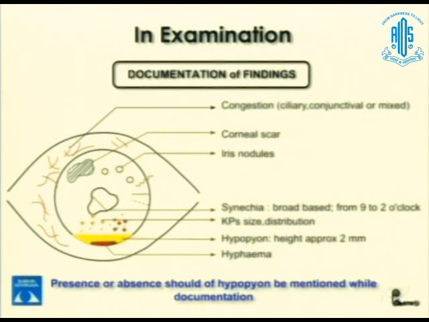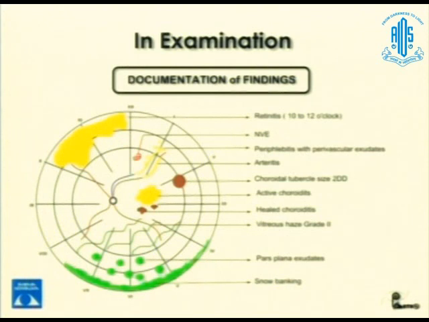In a normal case of uveitis also, always remember the presence and absence of hypopyon should be documented separately. This was the SUN classification guideline, that the presence and absence should be mentioned separately. Then in fundus examination, if you are examining a case of retinitis, you should mention the extent of the retinitis lesion, the choroidal tubercle, exact location, the size of the choroidal tubercle, and pars plana exudate. It's very important. So this is about the theory exam.